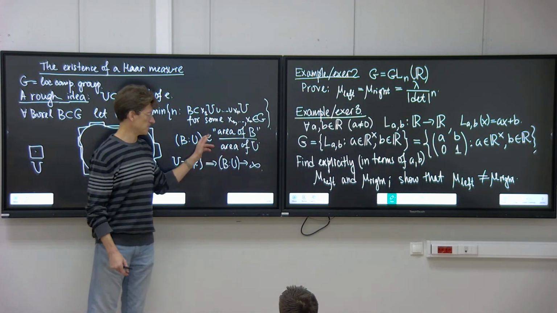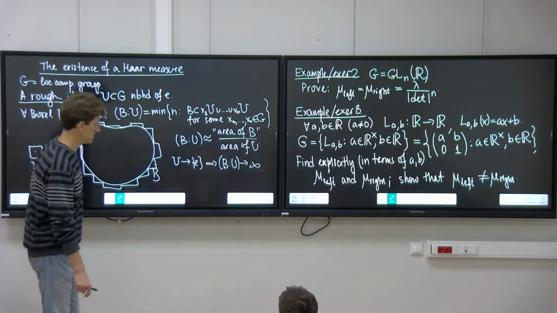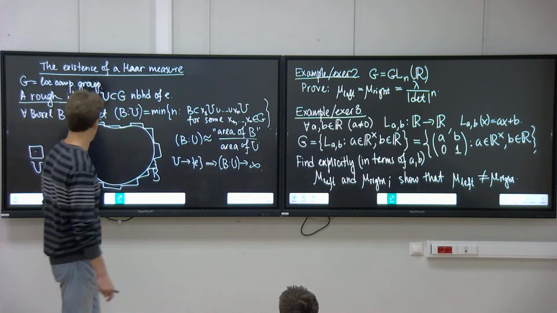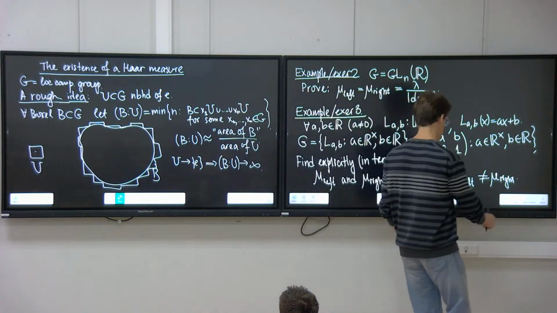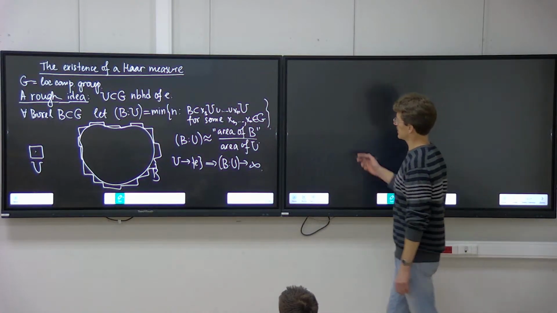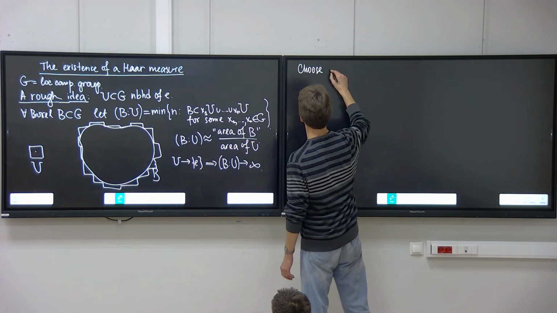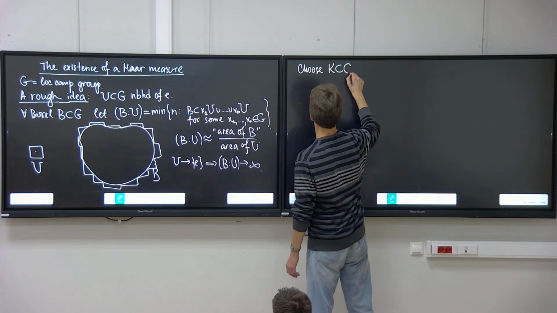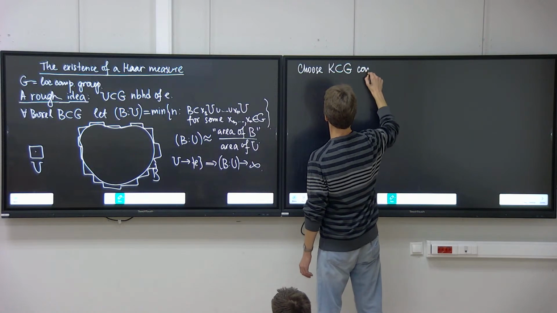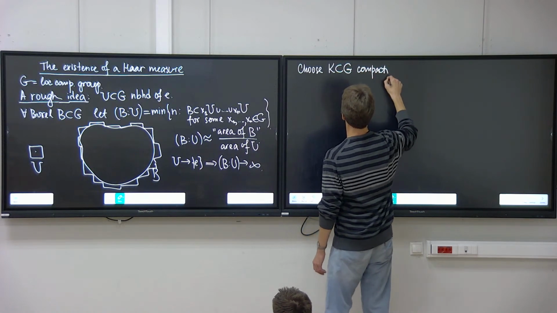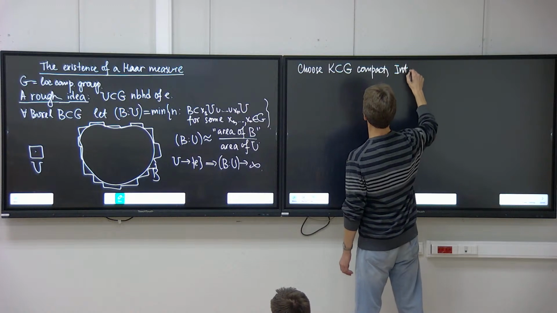The area of U goes to 0, so the fraction goes to infinity. So to get something reasonable, we have to normalize this number in the following way. We choose once and for all a compact set K in G with a non-empty interior.